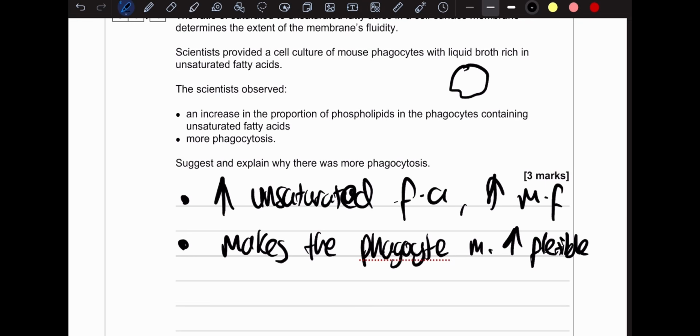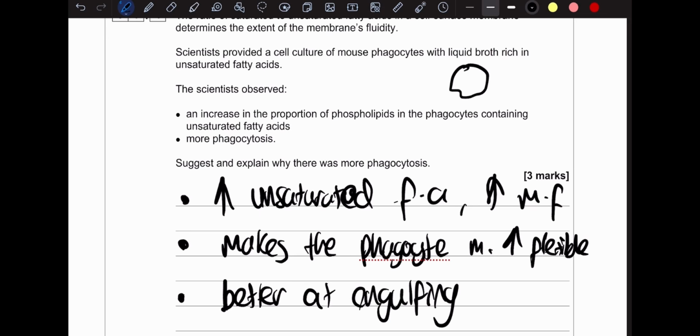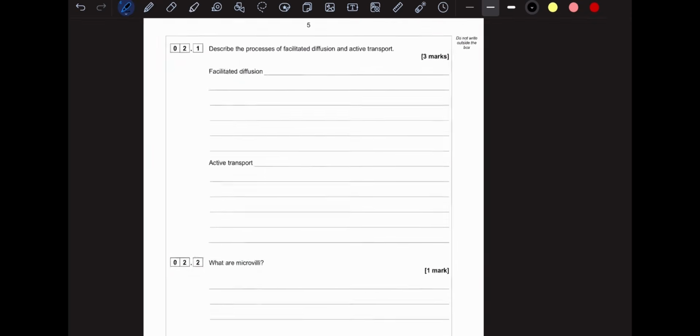So we've established the 2 important things. Now, what's the conclusion of this increased flexibility? It makes it better, more efficient, more adept at engulfing cells, right? And this leads to higher phagocytosis, what we observed. Very nice question, easily done.